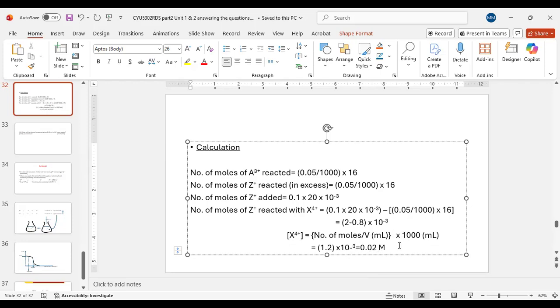Madam, the stoichiometry of X4 plus Z is 1 to 2, so when finding the moles of Z, a divided by 2 must come in. Yes, that's right.